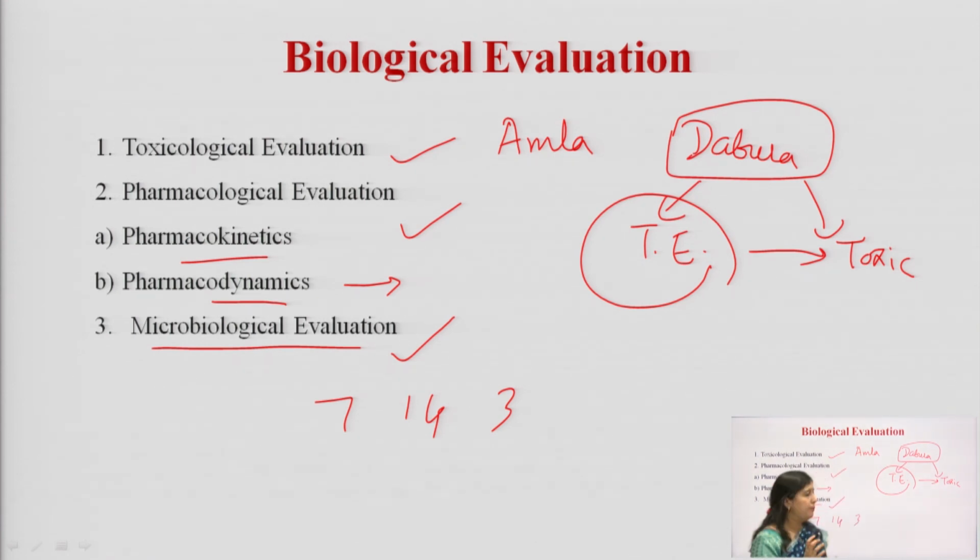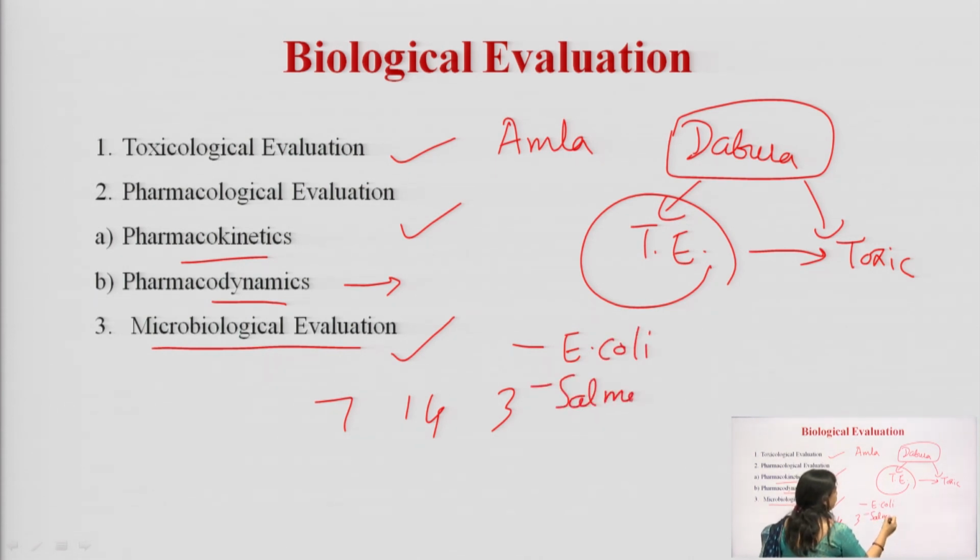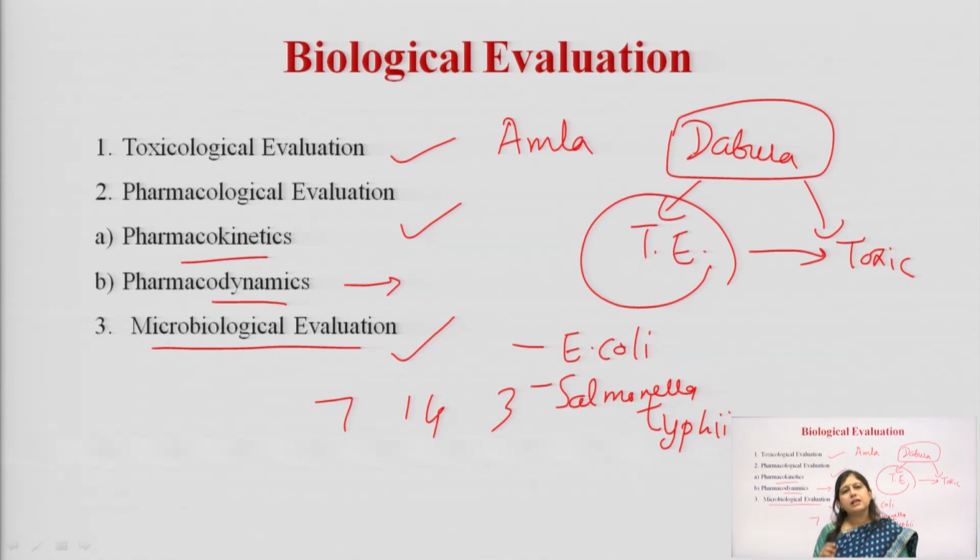So, we have to keep in mind that the main microorganisms like E. coli, Salmonella typhi, Pseudomonas aeruginosa, then Staphylococcus aureus, Enterobacteriaceae, such bacteria should be either present in a particular limit or completely absent in our finished dosage forms. So, those limits are tested as per the Indian Pharmacopoeia guidelines, and we have to show that yes, our drug is following all the limits.